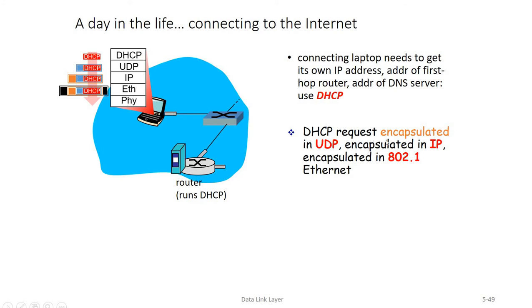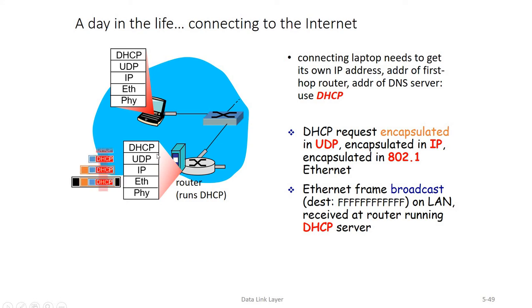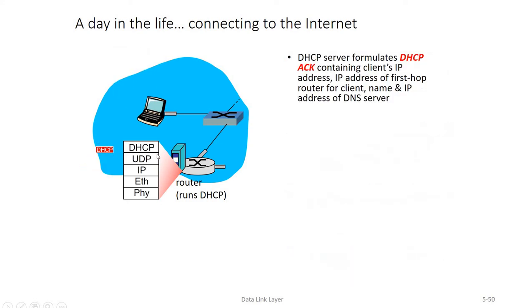The DHCP request is encapsulated in UDP, encapsulated in IP, as we can see here, and this goes to the DHCP server. No, the DNS. The DNS will tell us, okay, the Google IP address is like this. The acknowledgement contains the client IP address and the IP address of the first hop router.